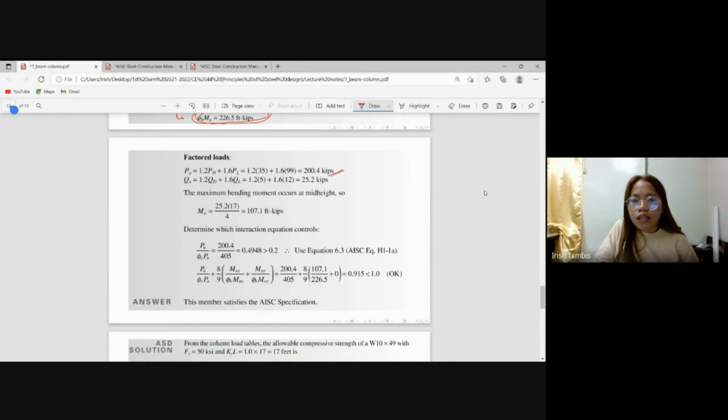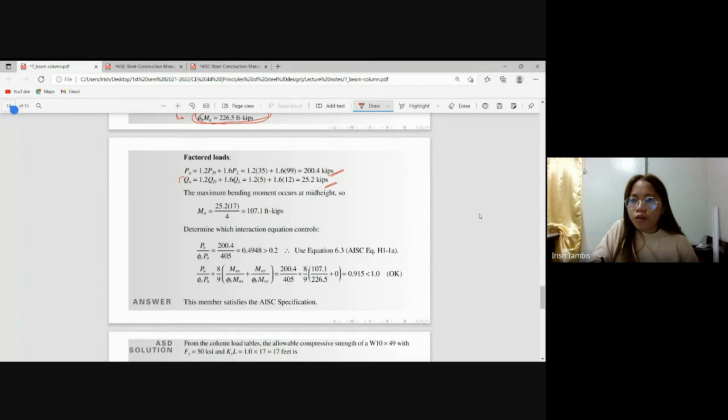And the lateral loads, which is equal to 5 kilopounds and 12 kilopounds for dead load and live load. These lateral loads will be the loads for the moment. This will create a moment sa imong beam column, no?